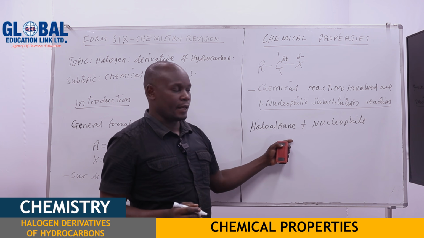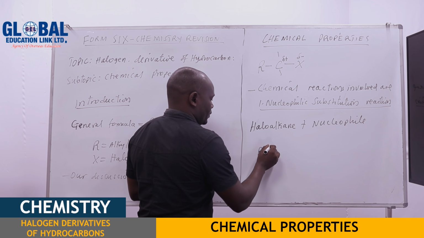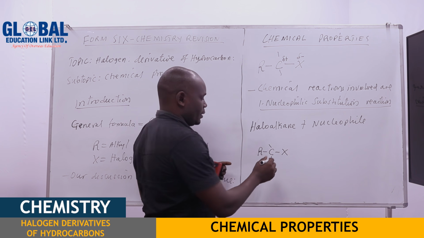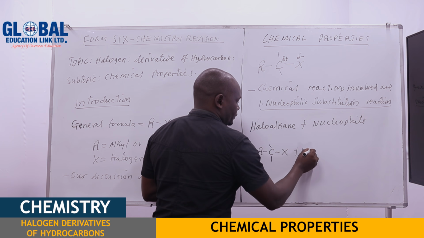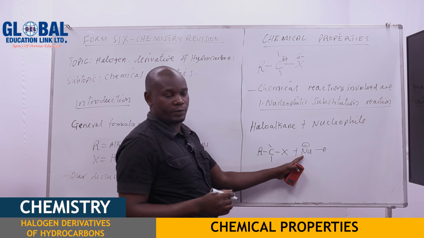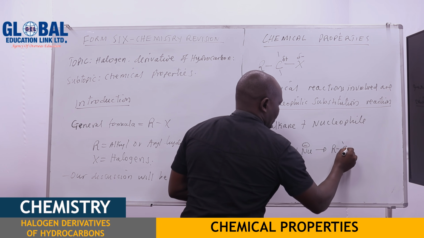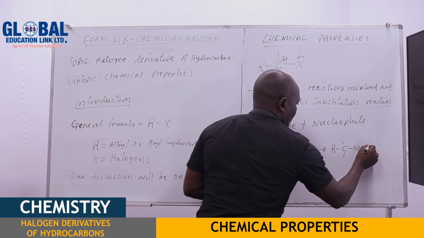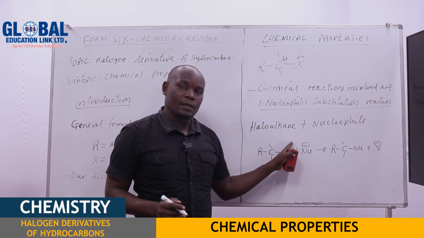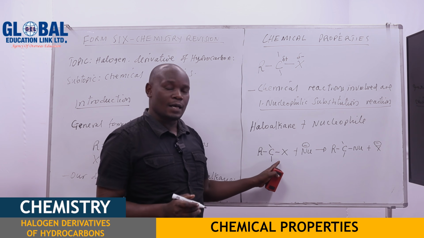So what is happening here: if this stands for haloalkane and it reacts with a nucleophile, then the halogen will be substituted by the nucleophile. For a halide to be substituted by a nucleophile, the nucleophile needs to be stronger than the halide.